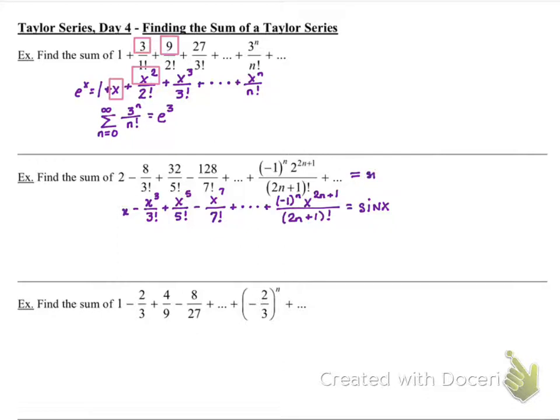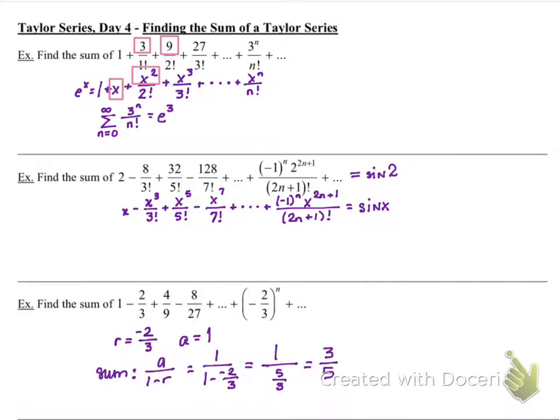Okay, so that proves that our actual series converges to sine of 2. Then we get down to our next one, and hopefully you see that it is in fact a geometric series. And we just use the sum of a geometric series and we get 3/5.